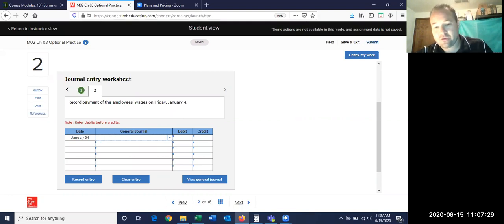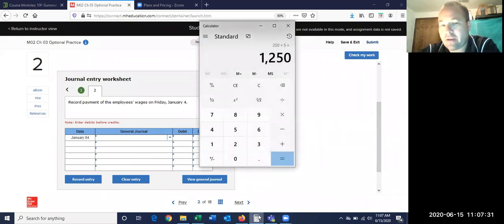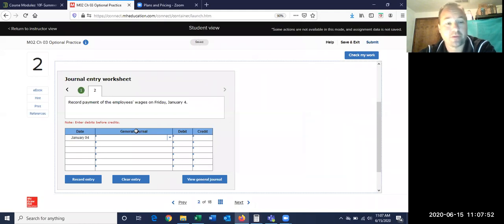So if we figure up the total amount that they earned, the $1,250 was for Monday, and then if we multiply it by 4 days, they actually earned $5,000. So I'm going to be writing checks that total out to $5,000. So that's going to be a key number. That's going to be our credit to cash. We just need to figure out how we got there.